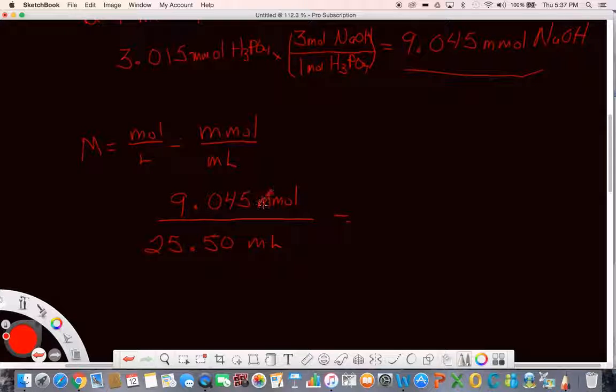And if you look, millis cancel out, leaves us with moles per liter. And the molarity of our sodium hydroxide is calculated to be 0.3547 molarity of sodium hydroxide.